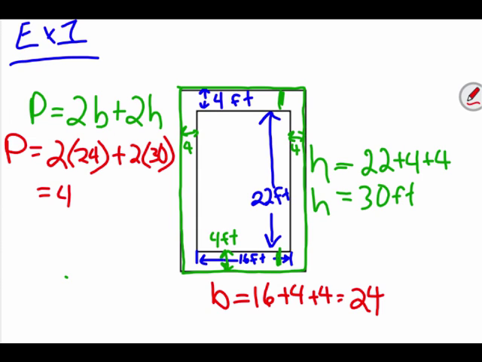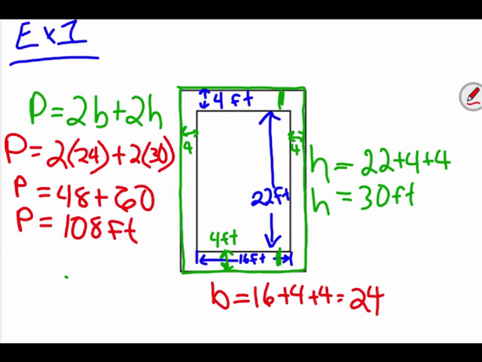So I've got 48 plus 60, or my perimeter is 108 feet. So if we were to do edging around the perimeter of the outer path, we would need 108 feet.